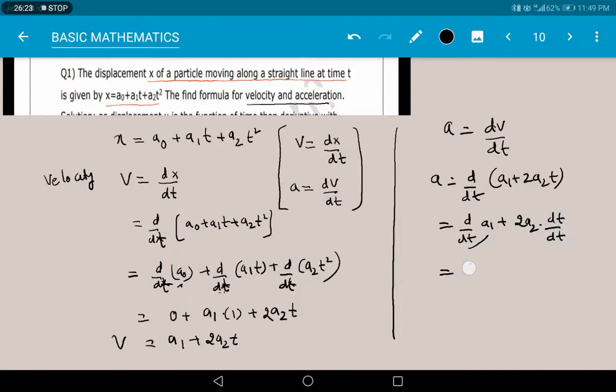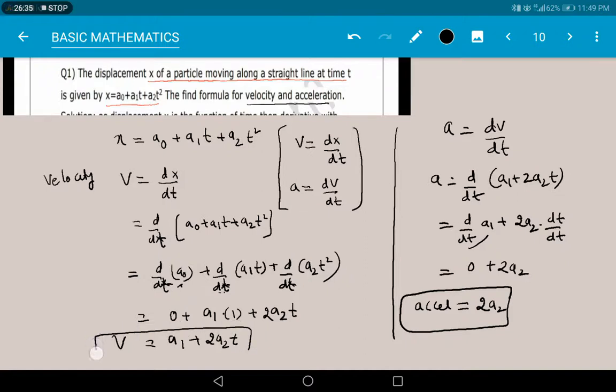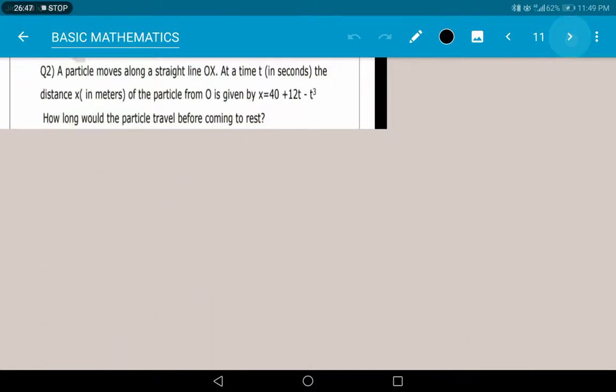So it is constant, it is 0, then the rest of the expression, 2a2. Therefore acceleration function is 2a2, velocity function is a1 plus 2a2 into t. So this kind of models we are going to encounter in our coming sessions in motion in a straight line.